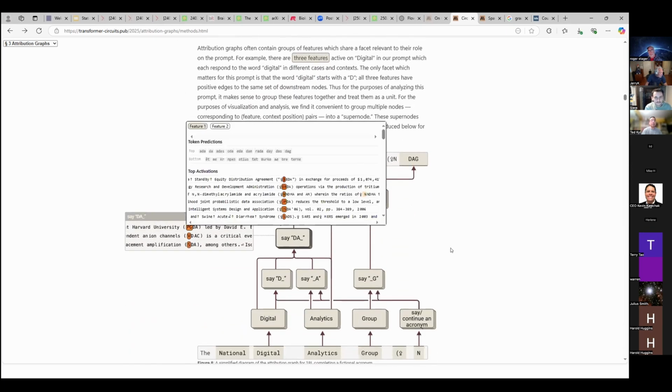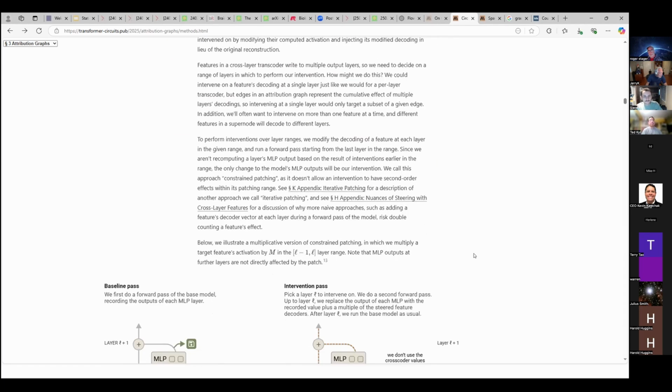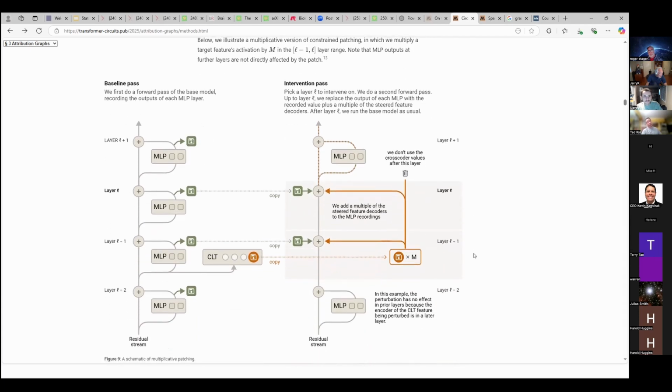All right, so they mention we group things into supernodes for simplicity. And then in terms of the technique, I don't think it's as important here, but basically they're going to do interventions. They're going to do causal experiments on the original LLM.